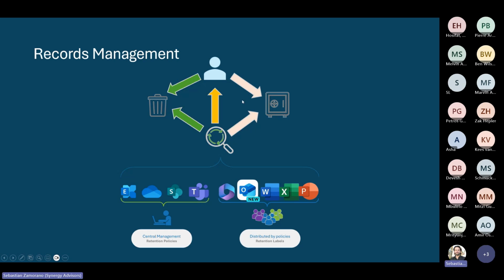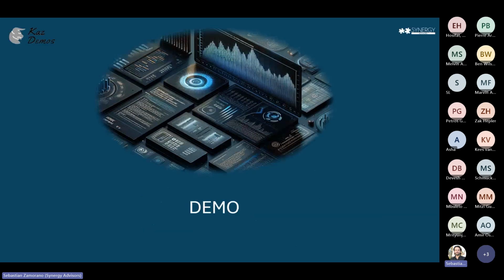I believe I tried to show in the easiest way how we can make the difference between data lifecycle management and records management. And now let's go to the demo. You know that I'm not happy with too many slides, and for that reason, I will try to go very quick in our environment.